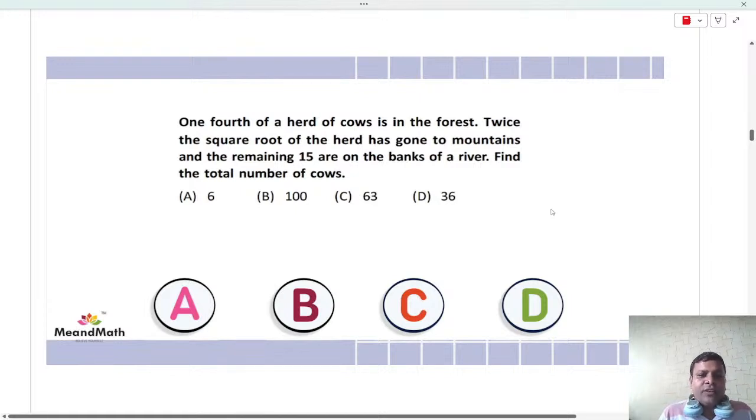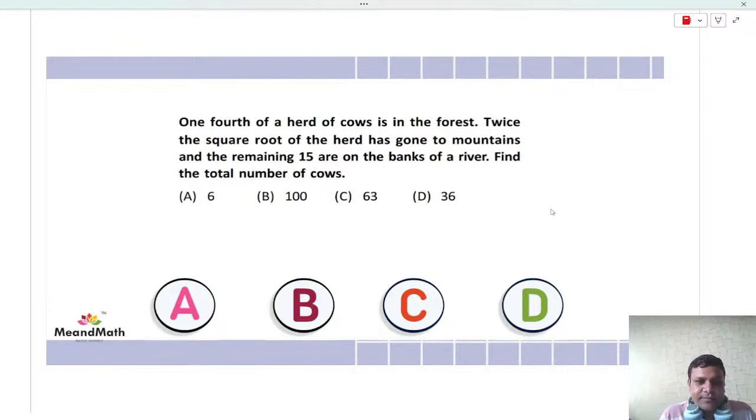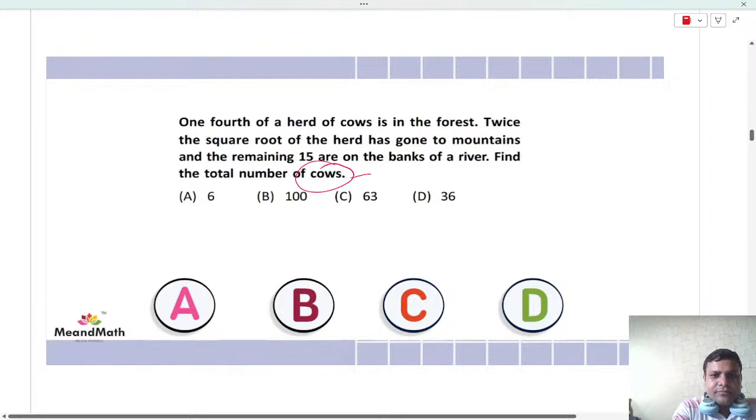1/4 of a herd of cows. Let's suppose the total number of cows is x.